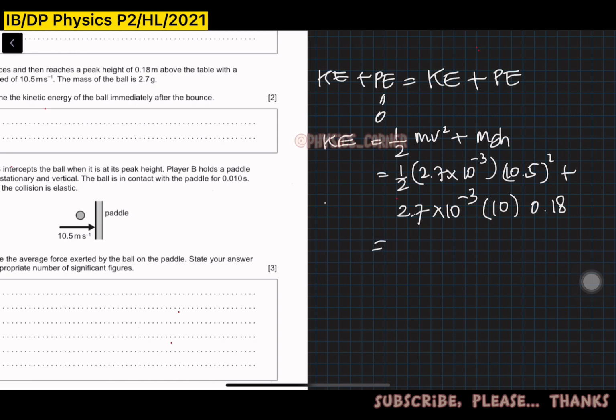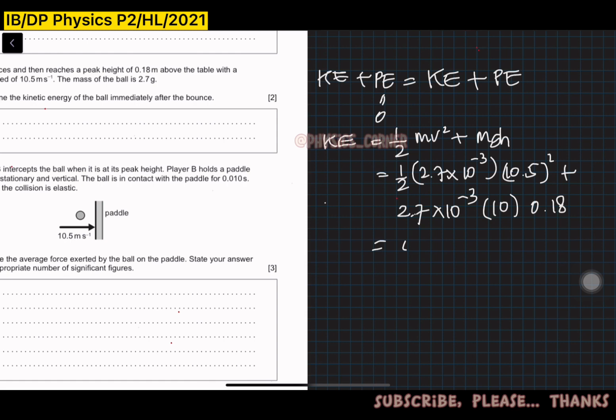I calculate first: 10.5 squared times 2.7 divided by 2.